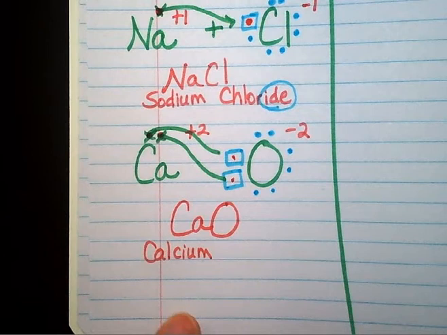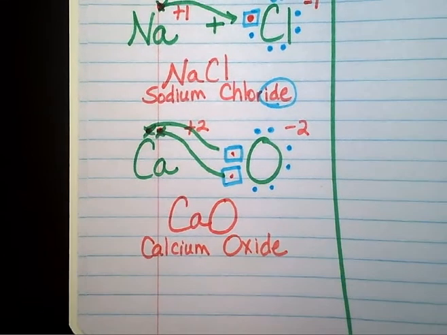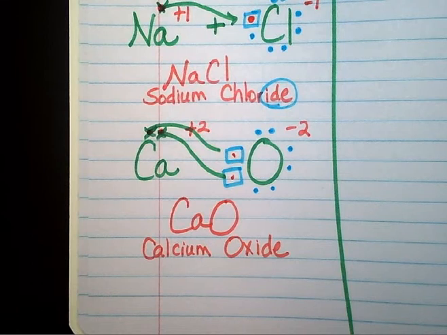And then oxygen becomes oxide because it has bonded. So calcium oxide is totally different than calcium by itself and oxygen by itself, because a new substance has been formed. It has new properties. Okay? Is that a little bit clearer?